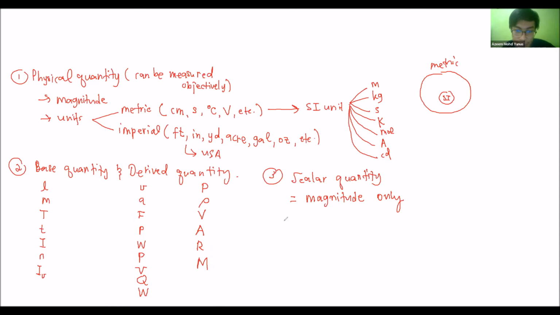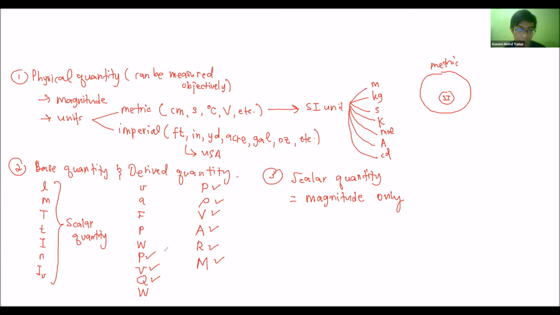So let's list some examples. All the base quantities are scalar quantities. But not all the derived quantities are scalar quantities. So let's mark which ones are scalar: power, voltage, charge, pressure, density, volume, area, resistance, and molarity, concentration.